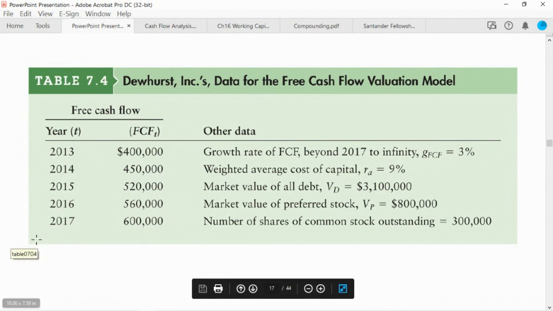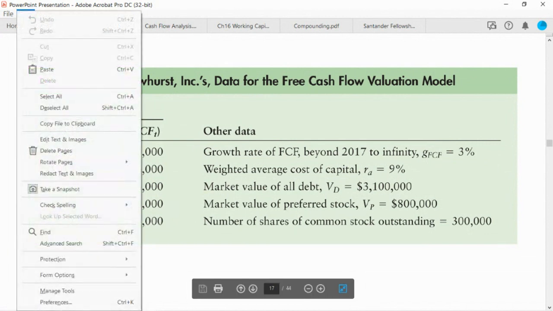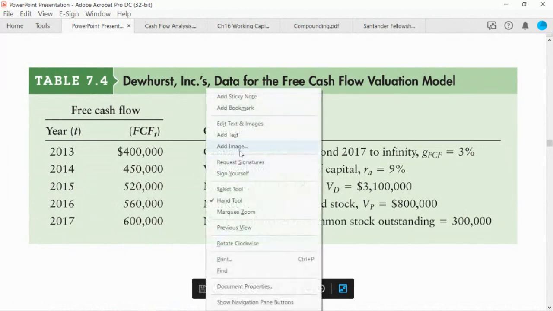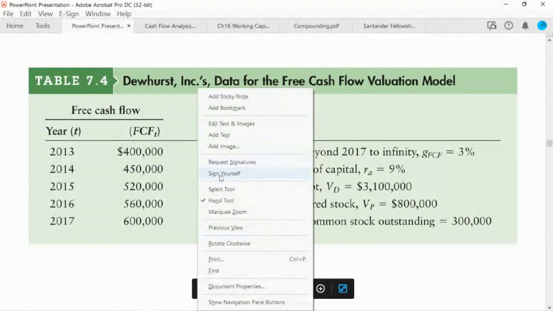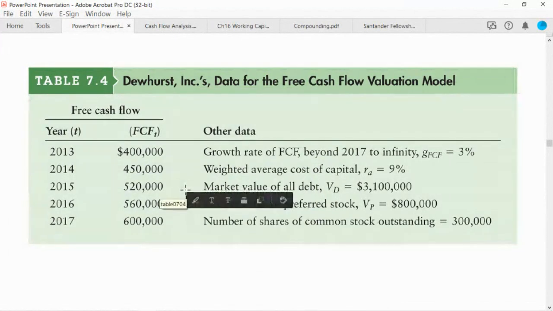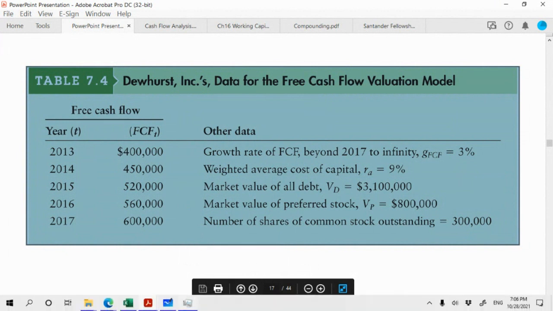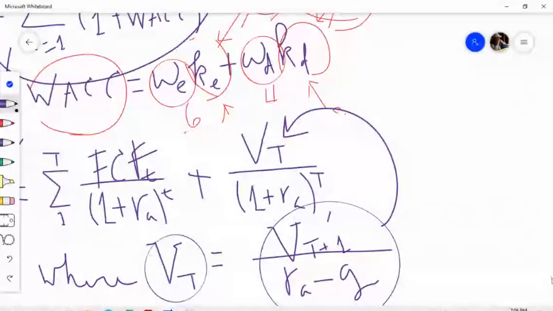I wish I could. The problem is this is not. You cannot draw on this. I mean, it doesn't allow. You can't. There's no draw, right? You can't draw on Adobe. Let me. Okay, let's see if I can copy this. Let's copy. And can I put it in here? Let's see.